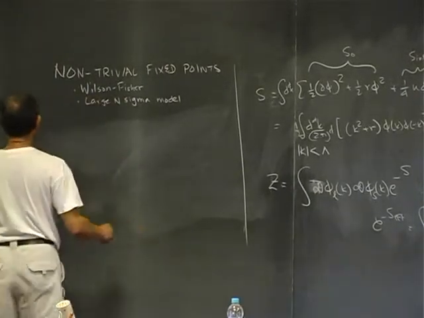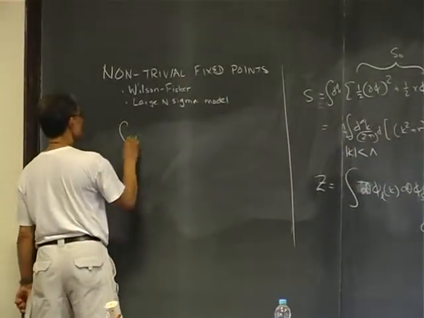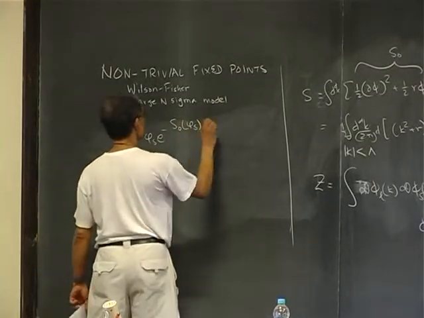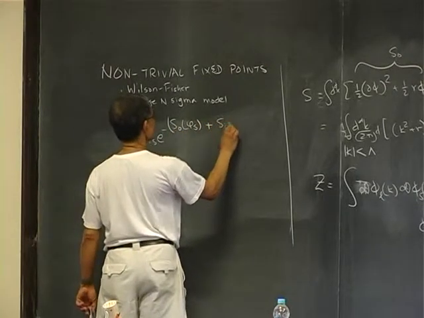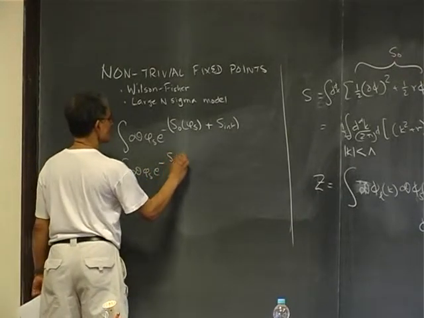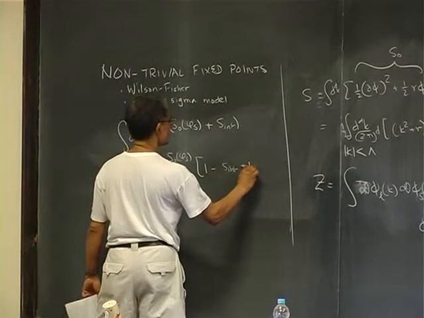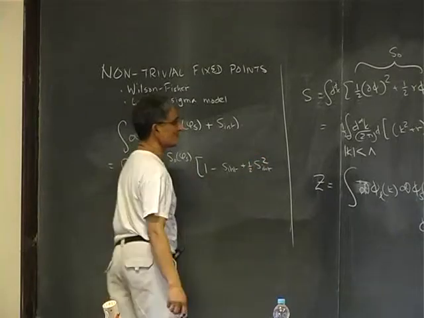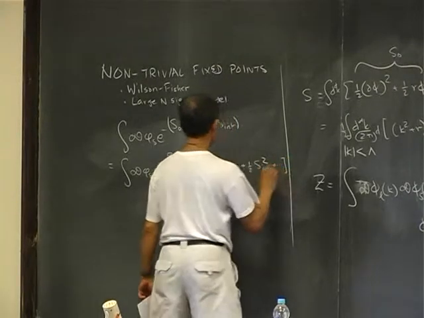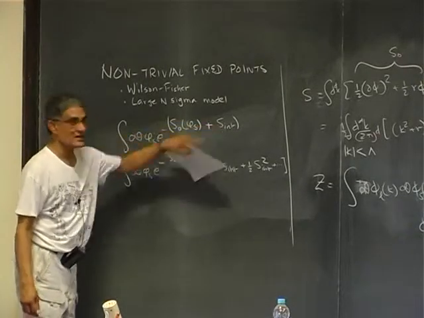Let's suppose I want to calculate the integral over phi S of e to the minus S naught plus S interaction. This is the same thing. So just expanding e to the minus S interaction.